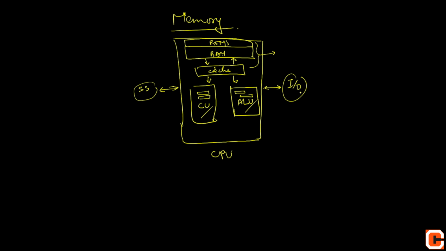If instructions and data of an executing program were to reside in the secondary storage, like a disk, and be fetched and loaded one by one into the CPU registers as the program execution proceeded, this would lead to the CPU being idle most of the time.